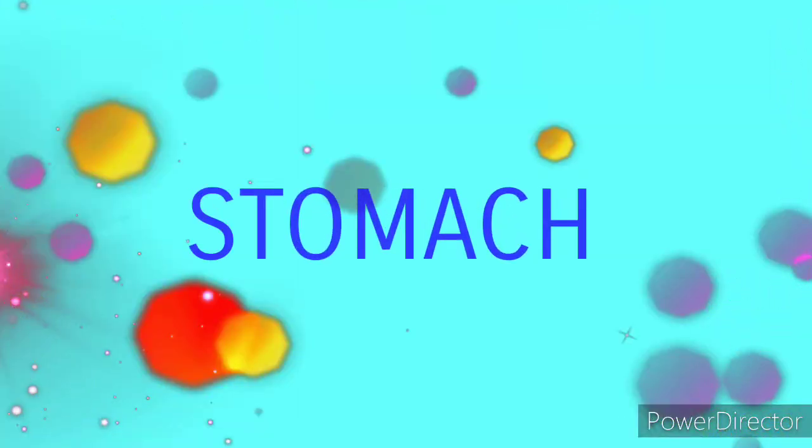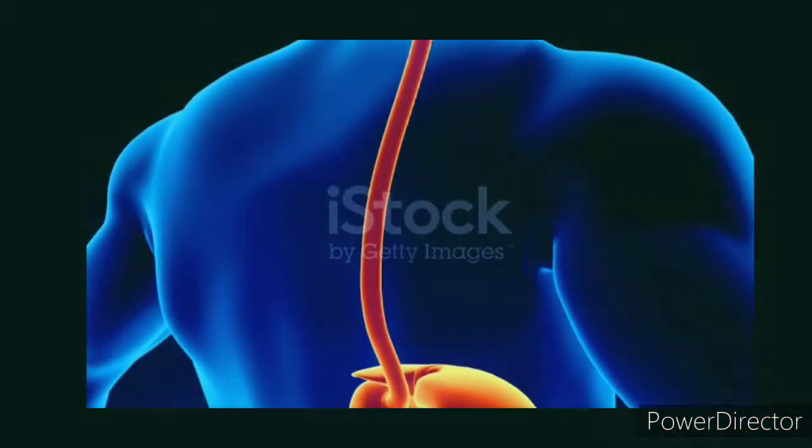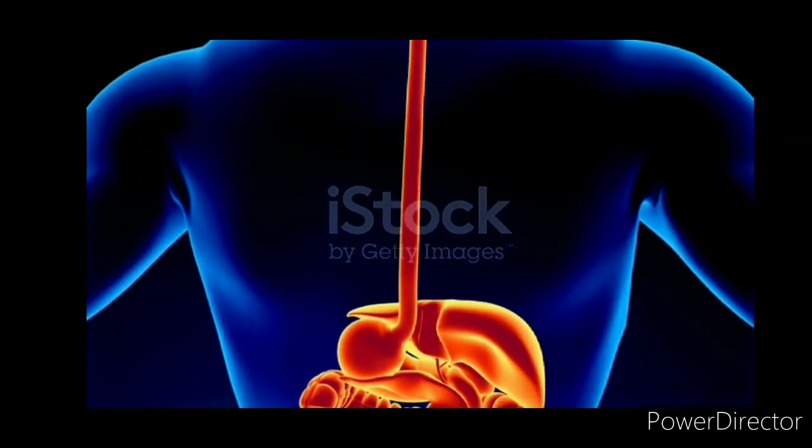The next part of our digestive system is the stomach. The stomach is a sac-like organ, as you already know, and it contains many enzymes which help in the digestion of the food. The wall of the stomach has deep folds. The muscular wall of the stomach churns and mixes the food with gastric juice.